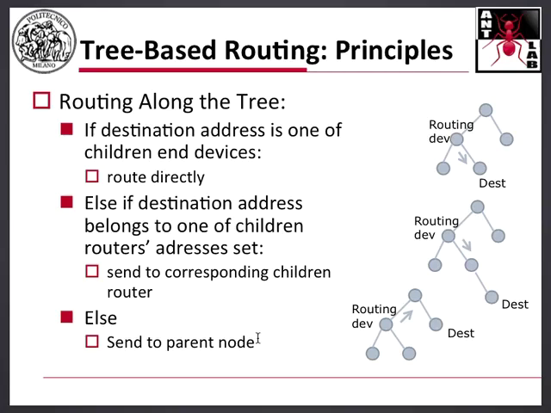The last else here means that the packet is not meant for downwards, meaning that the packet is not meant for any of the children of the node which is processing the packet, and it's not meant for any of the children of the ZigBee routers which are children of the node which is managing the packet.